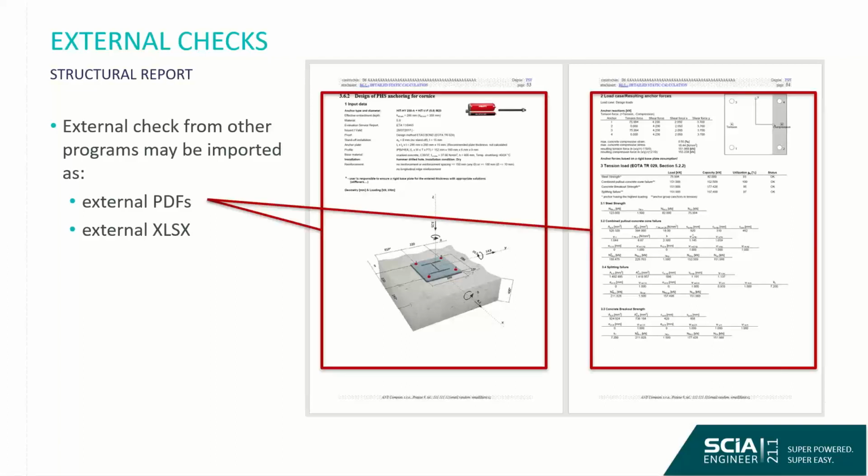So you are able to use PDFs and Excel spreadsheets, and all of them work and are available in the report in a very similar manner. Again, whether the source PDF or Excel is changed, it is understood by the report, and you can update the fields, or it can even update automatically.